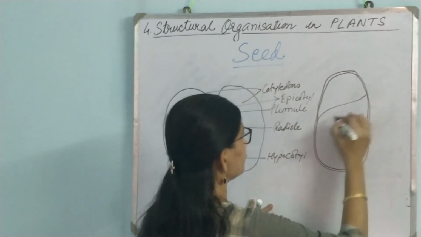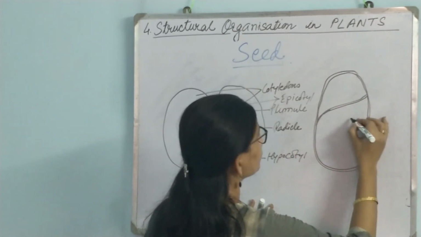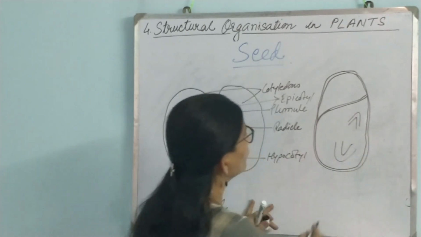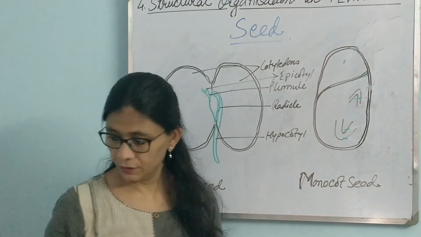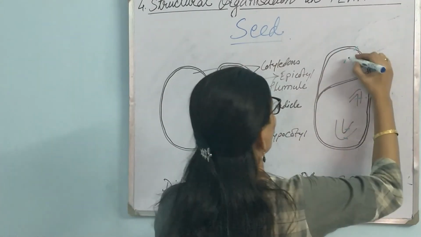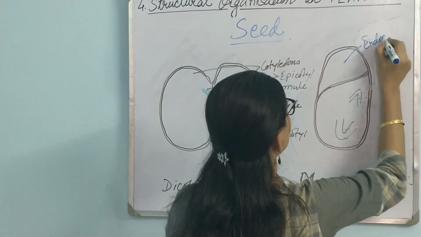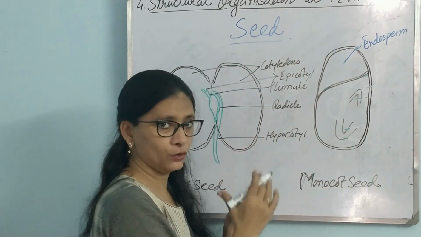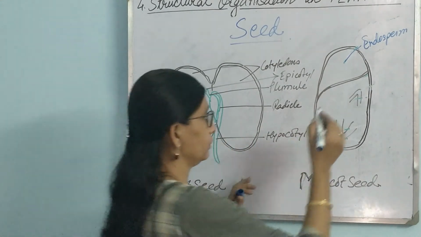So this is roughly monocot seed. Now let us quickly do the labeling. This portion is the endosperm. They have quite a good stock of endosperm in the matured seed also, which we will not see in dicot.